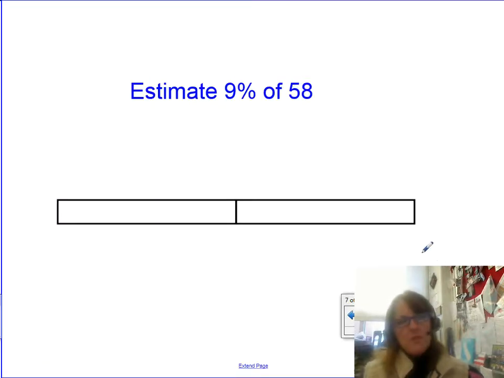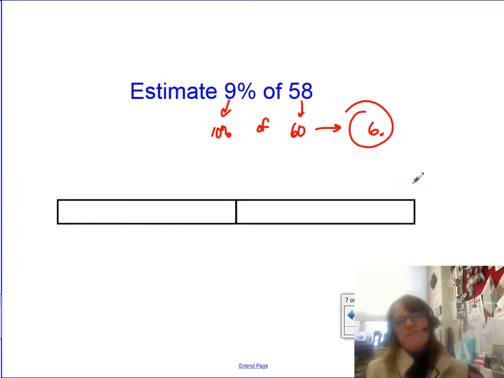Now, when you look at this problem, estimate 9% of 58, you might say, well, 58 is pretty close to 60, and you get ready to maybe draw the bar. But then I look at this and I say, 9%? Really close to 10%. And in my magnificent arsenal of a brain, I know that 10% of 60 is just move the decimal point in one spot.